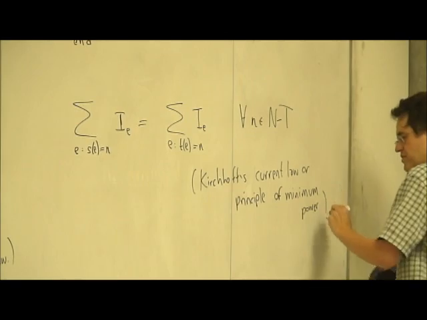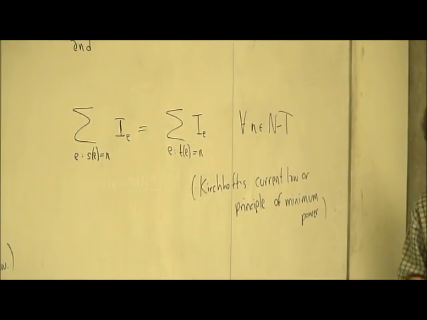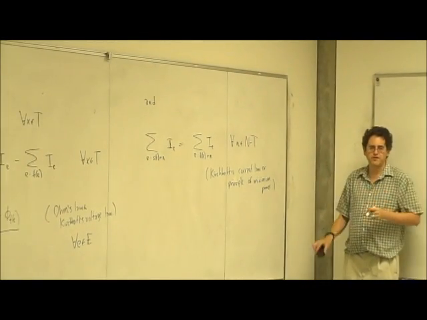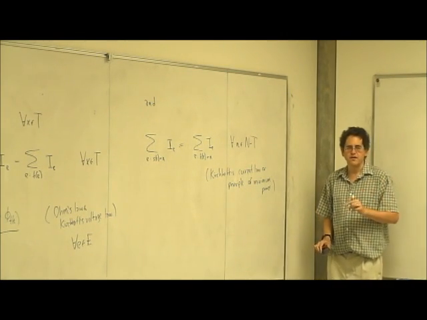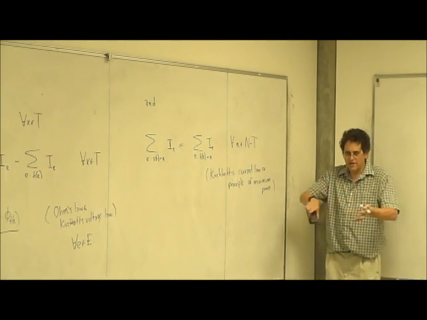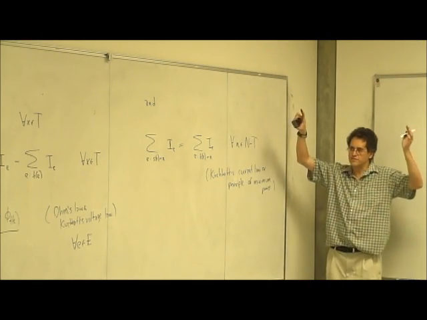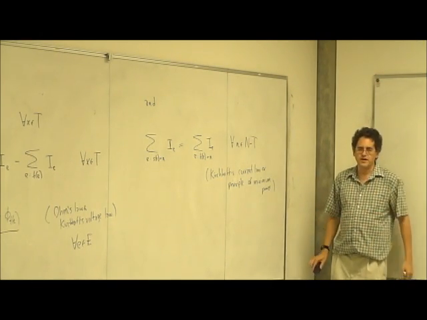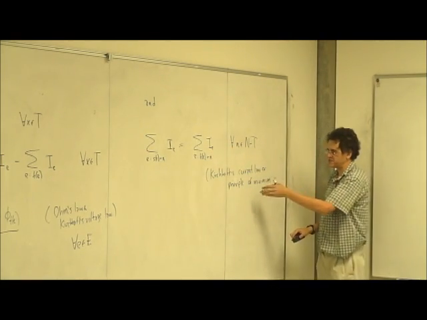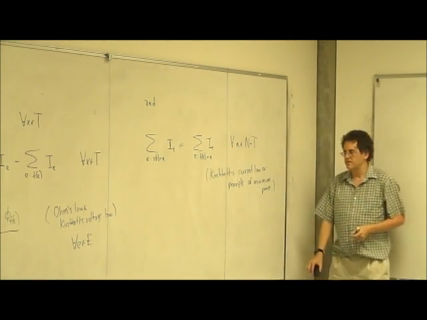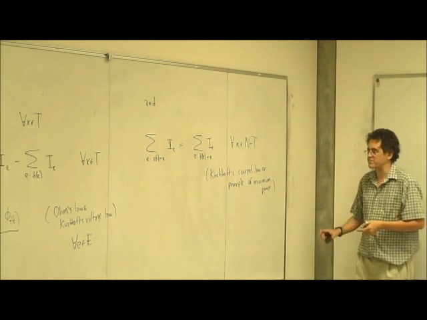I derived Kirchhoff's current law from the principle of minimum power by just calculating the derivative and saying it's 0. But if you think about it, because we're minimizing a function that only curves up, it's an if and only if. When the derivative is 0, that's when this is true, then you're at a minimum. So these two principles are equivalent.